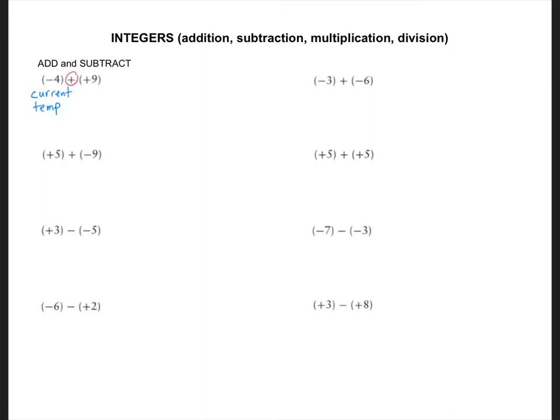So the sign is Mother Nature. Now, the second integer is going to be what she's doing to the current temperature. So in this case, Mother Nature is adding 9 degrees.